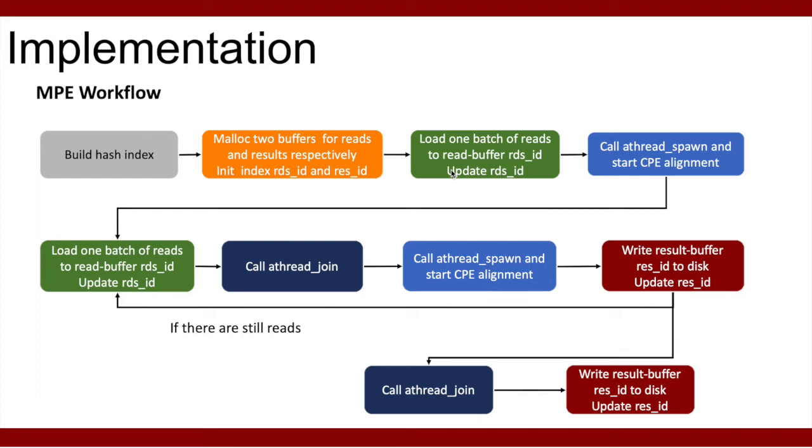Double buffering is used to overlap CPE-side computation and MPE-side data transfer. We allocate two buffers for input NGS reads and for results. When there is no more data, we exit the while loop and wait for the last task to finish.